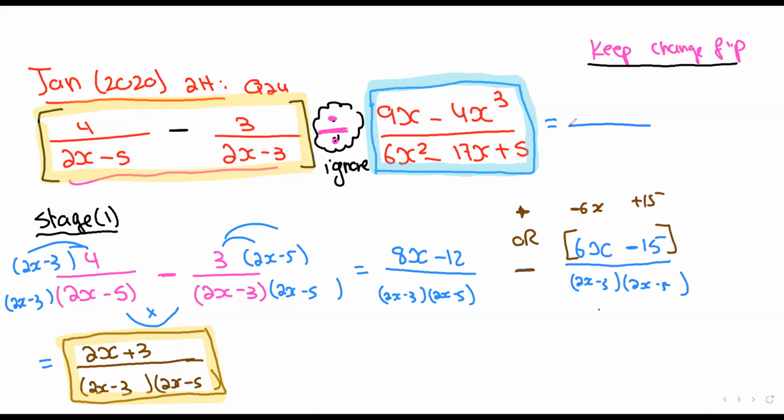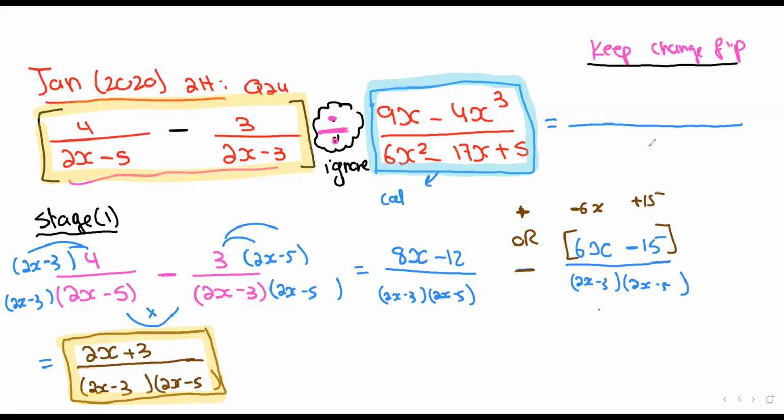Let's look at the numerator and the denominator. The denominator can be easily factorized using the calculator, which is mod 53. So A is 6, B is negative 17, C is 5.